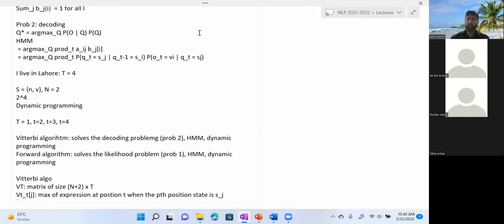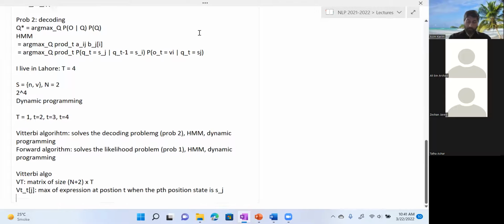So this is the best possible previous sequence if this sequence ends in state J. This is the value at this point, and of course we will use this value while we're filling out the next position and the next position and so on.